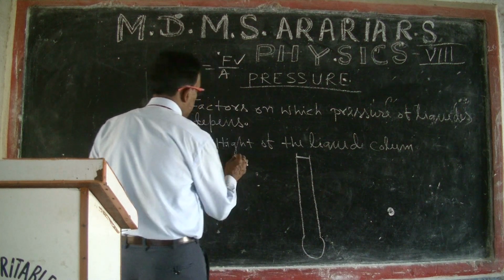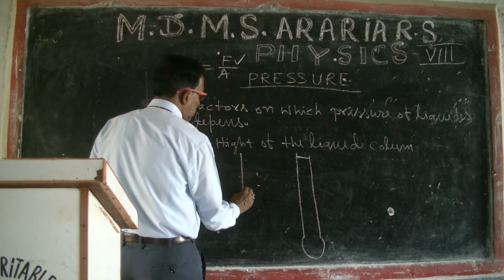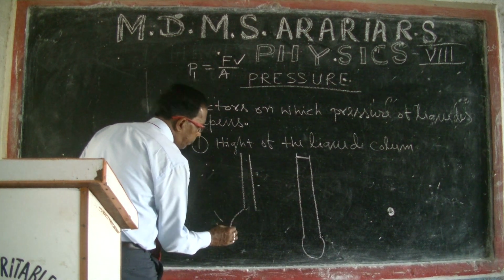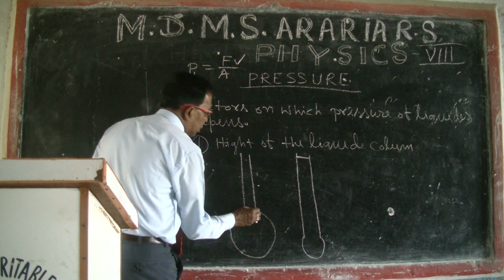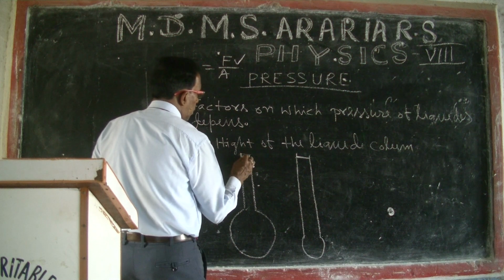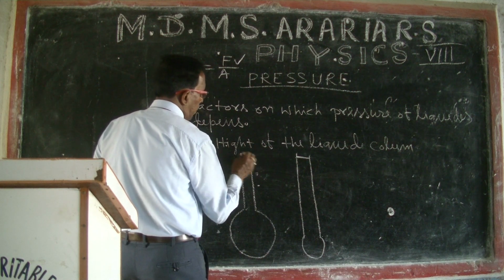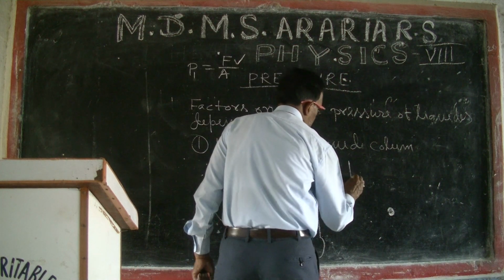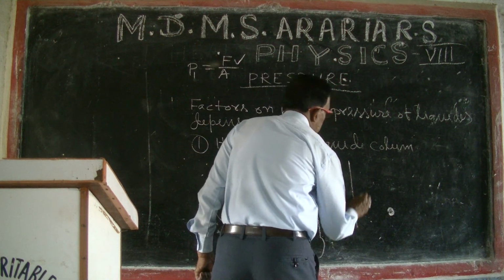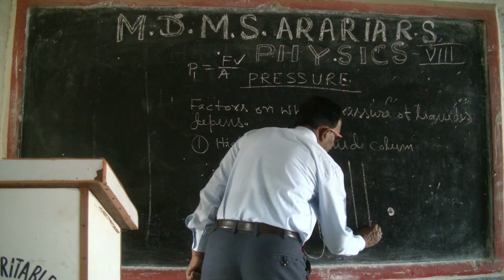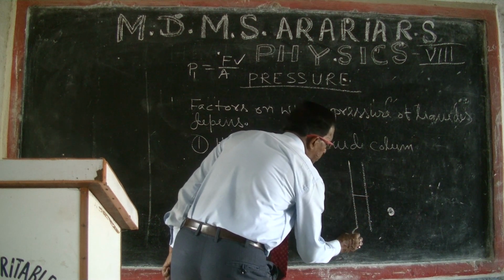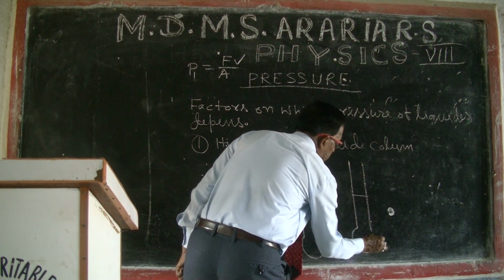The shape of the balloon is increased and its shape becomes like this when you have filled water at this top level. And when you have filled the water in the column half, you have filled half water, then the shape of the balloon is like this.